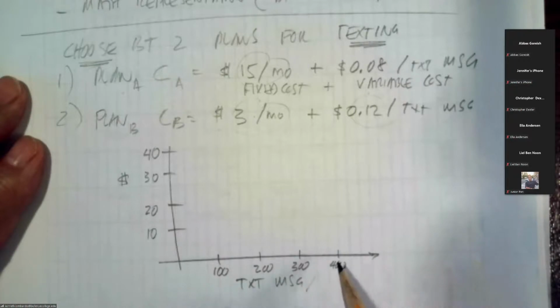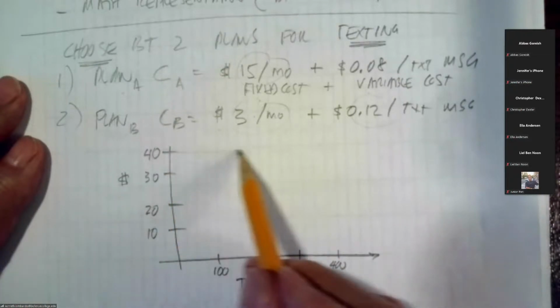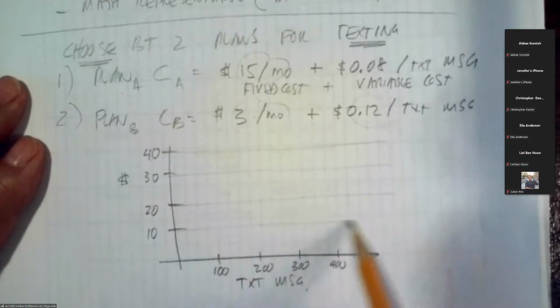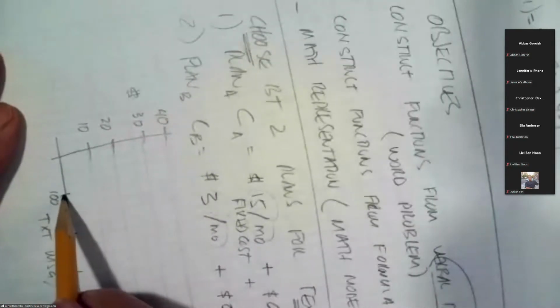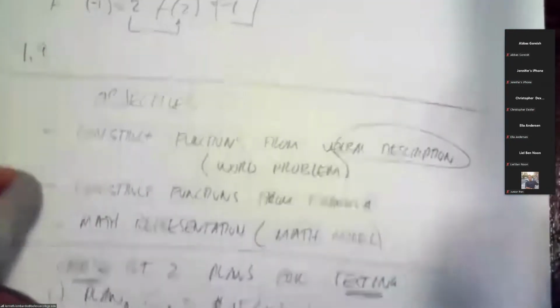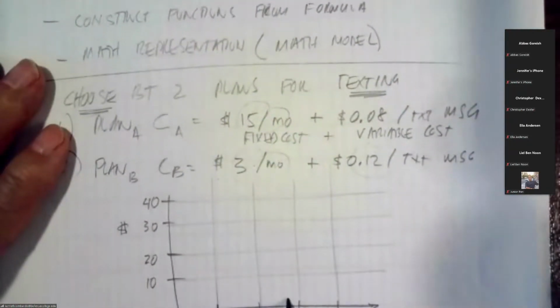Who knows how many we have? Okay, so let's say I've got sort of a table that looks like this.